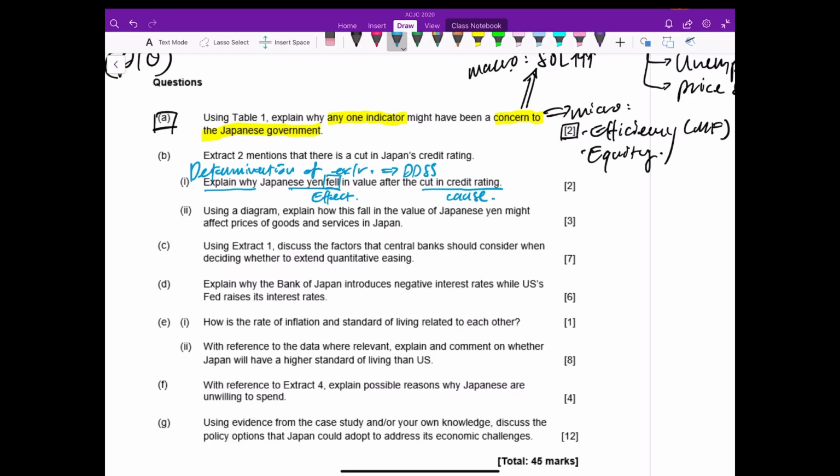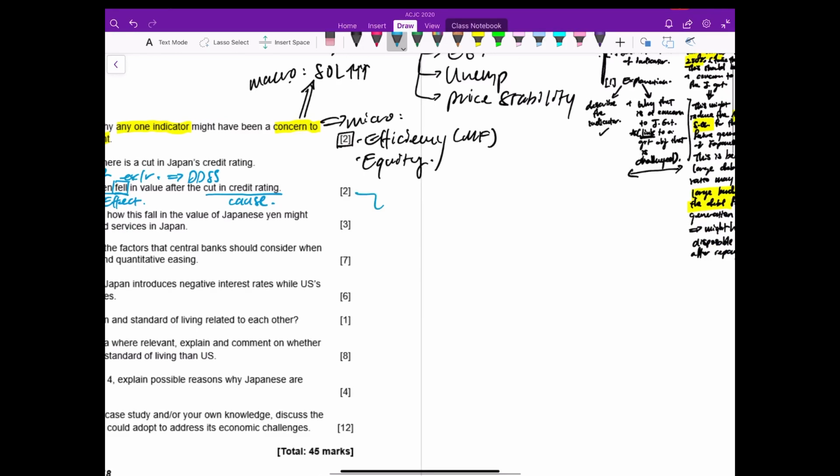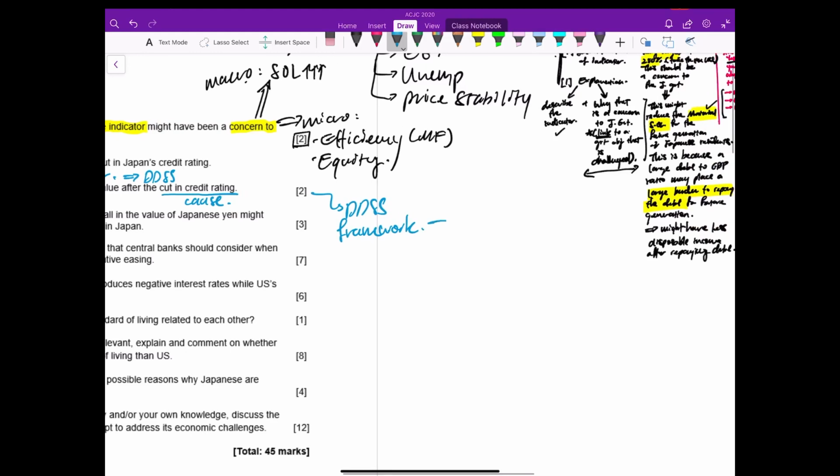Okay, so let's reframe this question in a demand-supply conceptual framework. In your demand-supply framework, the first thing you want to have is your factors of demand and or supply. Then you want to explain how there is the interaction in your demand-supply, your price adjustment process, and how that will lead you to your effects.